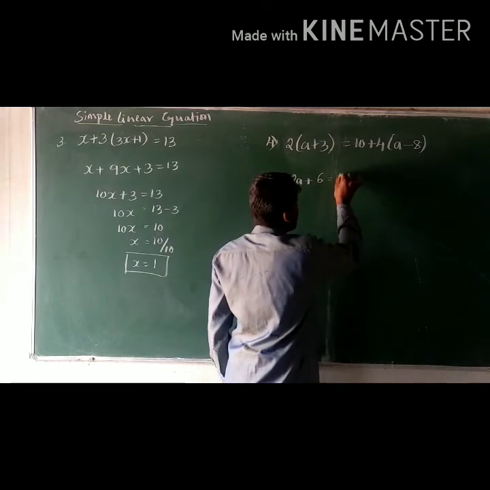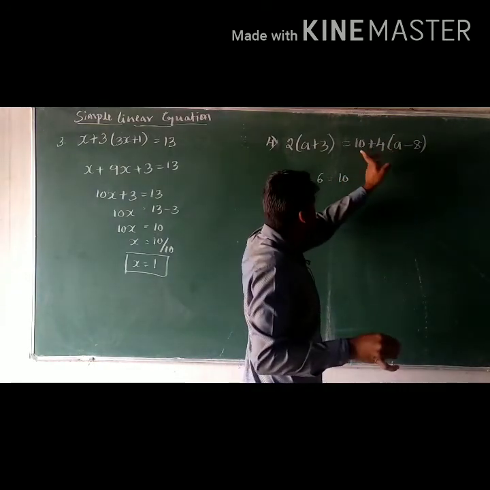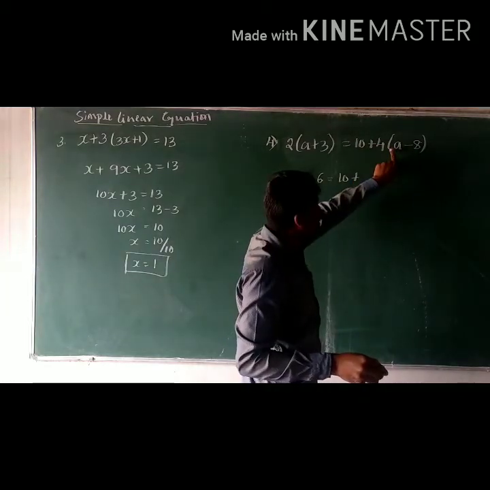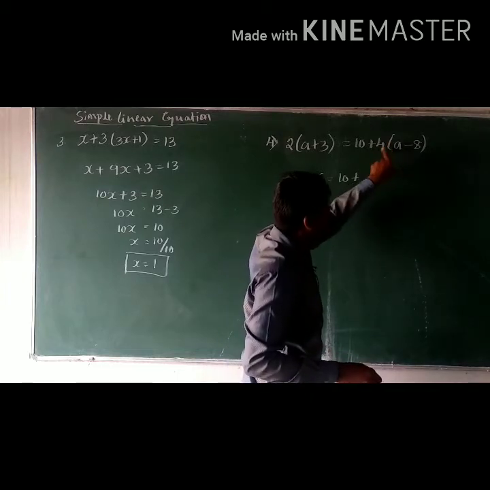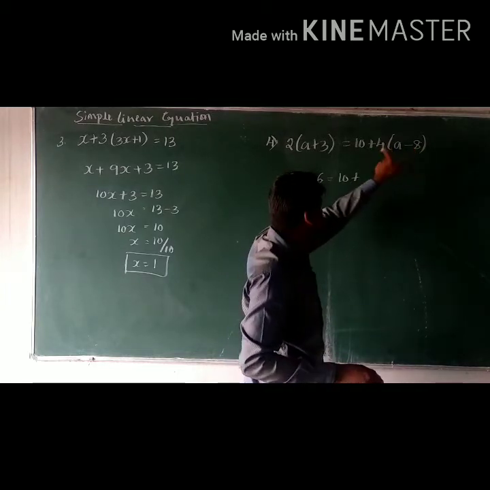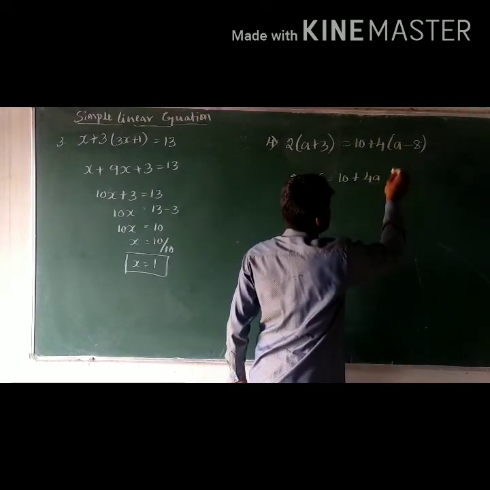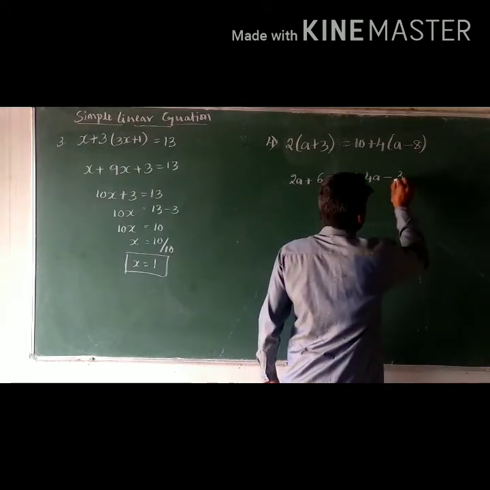I wrote the same because the plus is there, so we do not multiply the total equation. Now 10 plus. Now with the help of this 4 we multiply the bracket. 4 into a is 4a, plus into minus we get minus. 4 eights are minus 32.